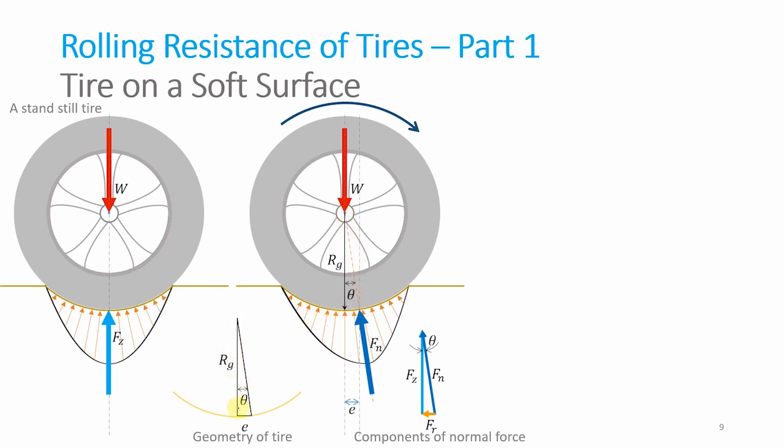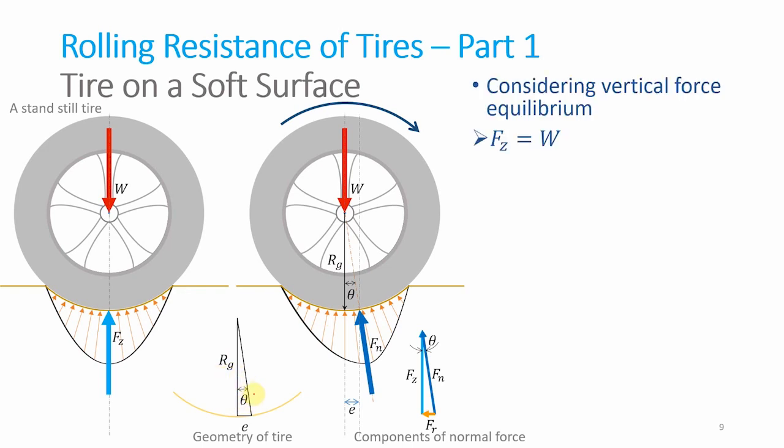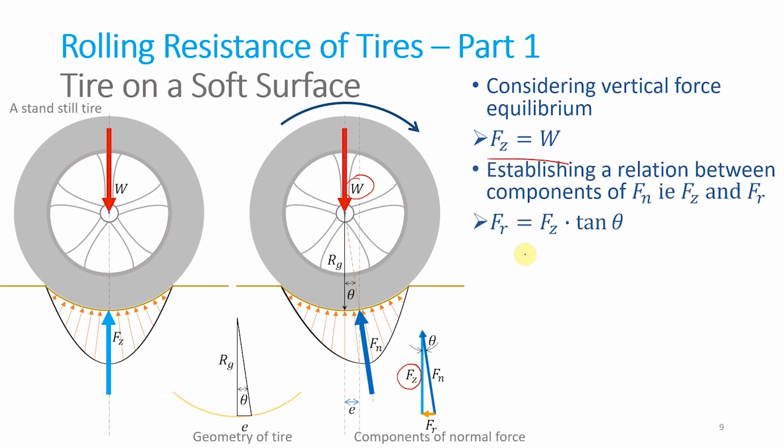So this vertical line is Rg and the angle is theta. Now considering the vertical equilibrium, we know that the only vertical force acting on this tire is W, and this should be reacted by a vertical force, and that vertical force is the force Fz. So Fz should be equal to W.